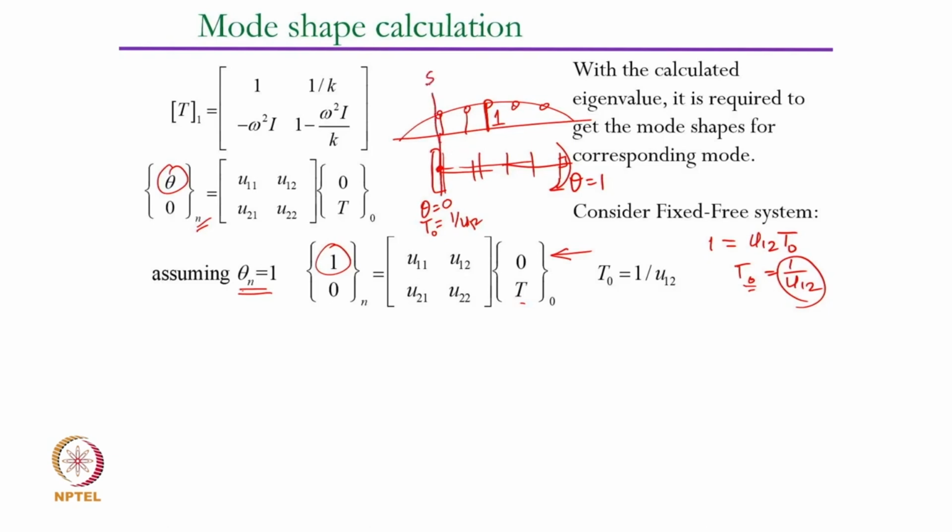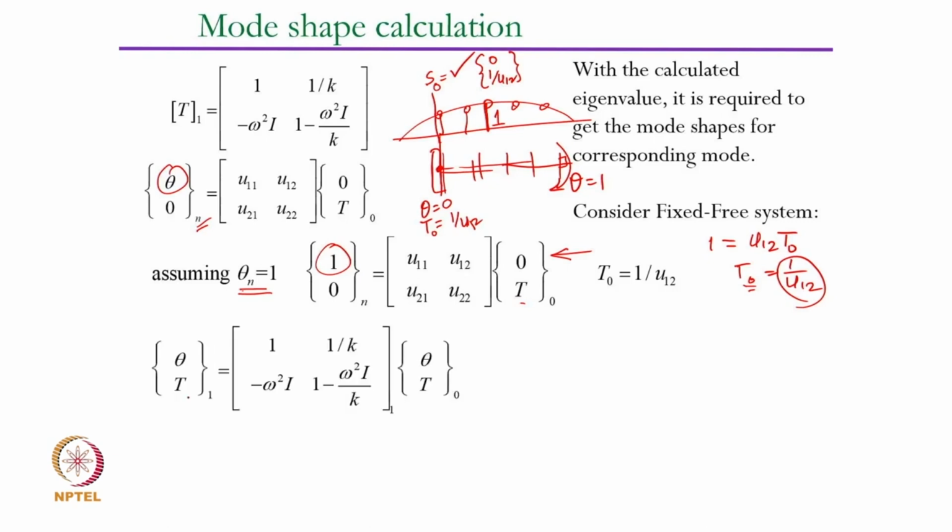This state vector S naught is completely defined, because you have T naught known and theta at the 0th station is 0. So, the state vector is 0, 1 upon u12. Once one state vector is known, these are so simple and straightforward, because you know the relationship between one state vector and the next state vector.